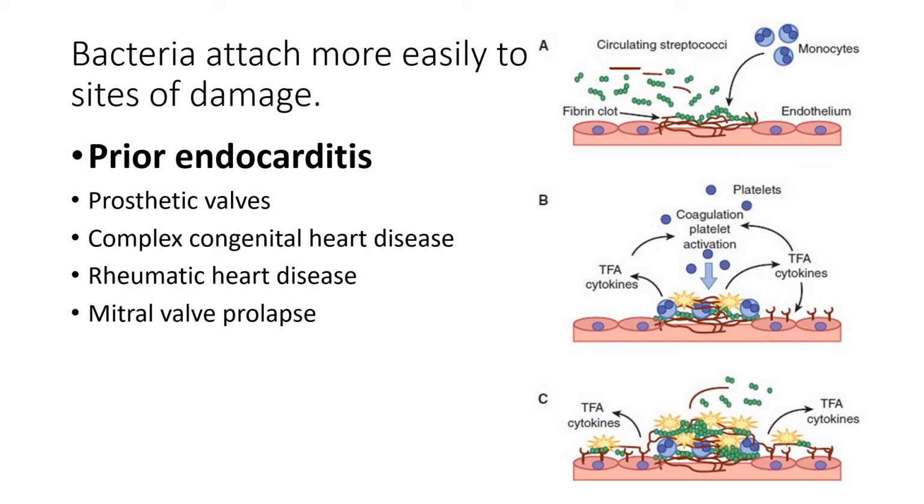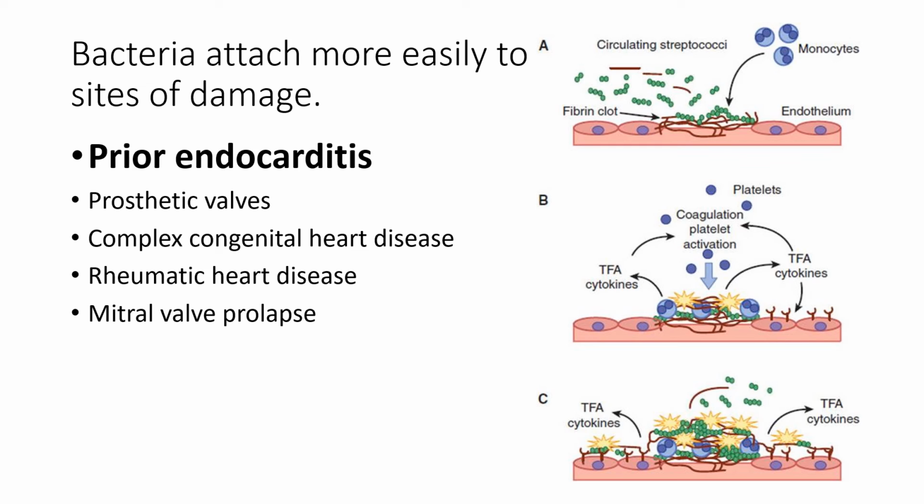The idea is that the endothelium covering the heart valve has a site of damage that maybe has a little bit of a fibrin clot on it, and then the circulating bacteria attach to that clot, and that attracts more of the coagulation cascade, maybe some platelets, and then that attracts more bacteria, and then it builds up into the vegetation that can be seen on the echocardiogram.